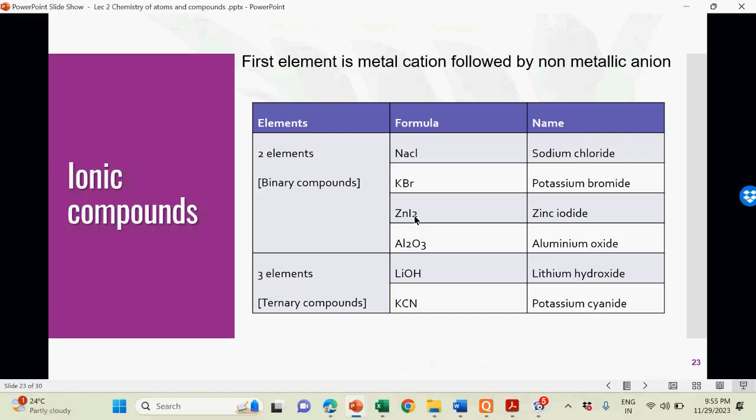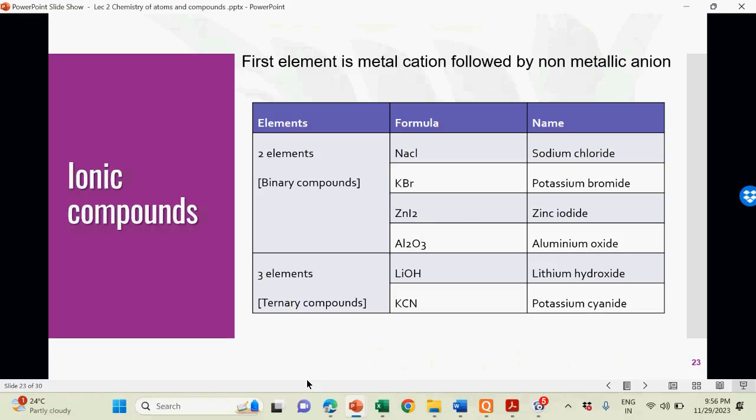The same applies to the binary compound aluminum oxide. There are 2 aluminum atoms, and the 3 electrons of each aluminum are accepted by the 3 atoms of oxygen, so this is aluminum oxide.